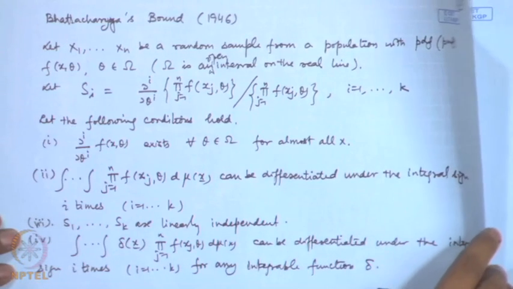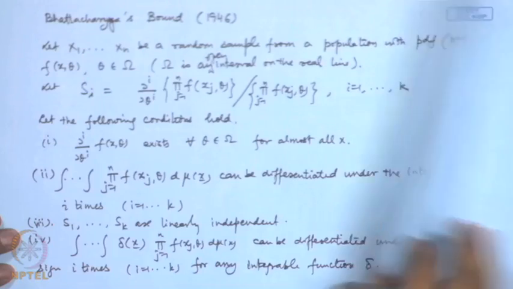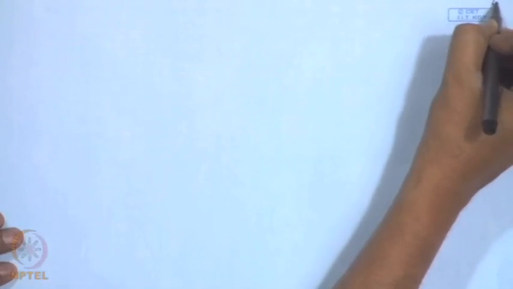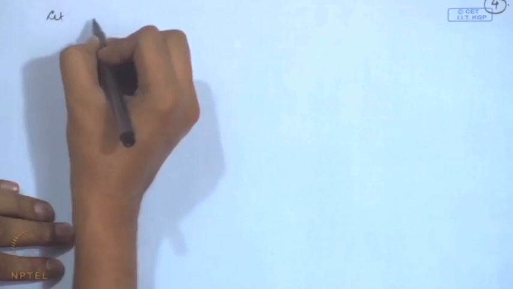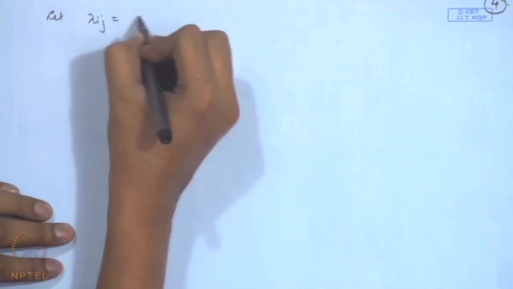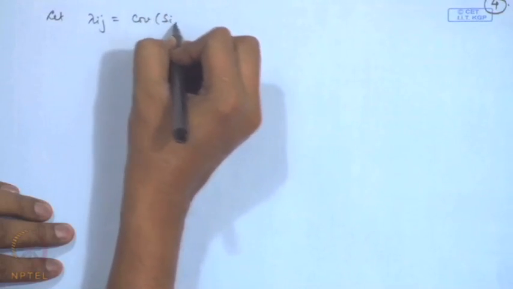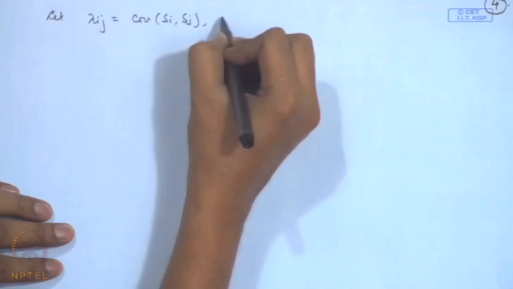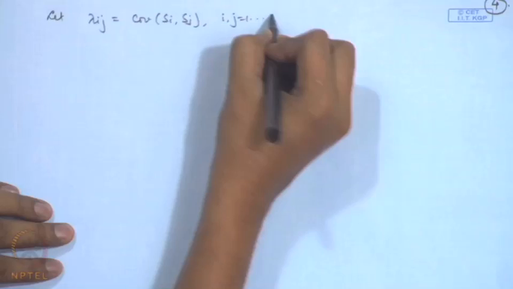Let us define lambda_ij to be the covariance between S_i and S_j for i, j equal to 1 to k.